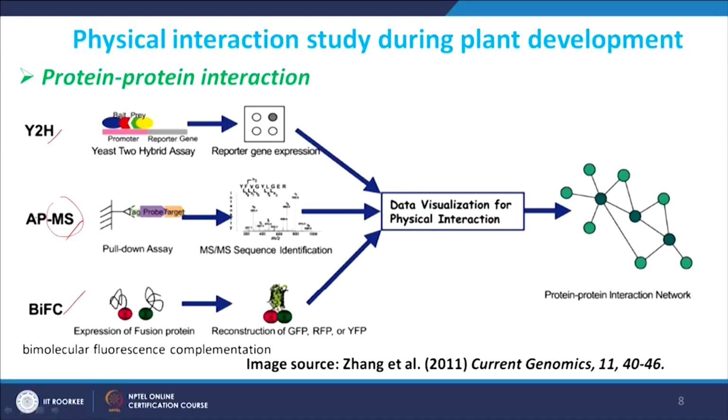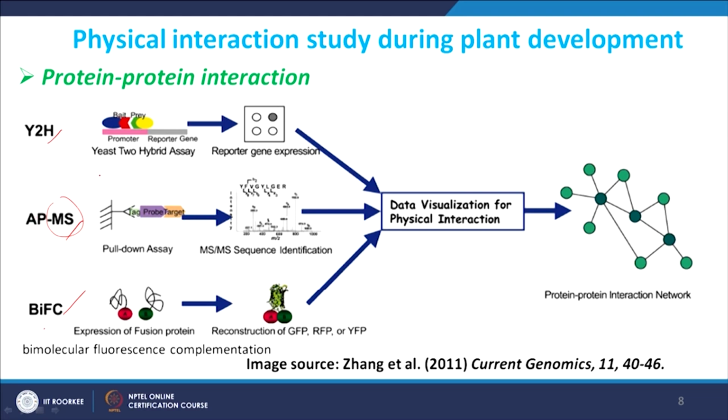In affinity purification mass spectroscopy, basically based on the affinity column, or you can have a kind of pull down, and then you pull down some proteins, and along with those proteins a lot of proteins are coming, and then they are identified through mass spectroscopy, to establish their identity and know which genes are interacting.